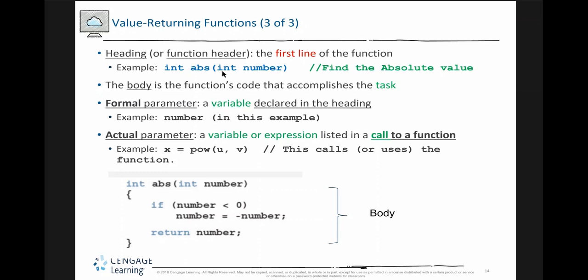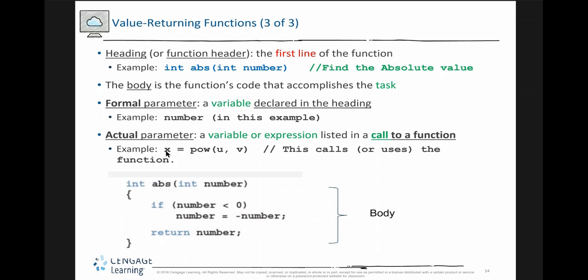The formal parameter is a variable declared in the heading. Okay, so it's in the header. So right here, this parameter, this is your formal parameter. So you need to remember that term. It's the one that's in the header. The actual parameter is when you actually call the function. We don't have an example with this particular coding right here, but we did earlier.